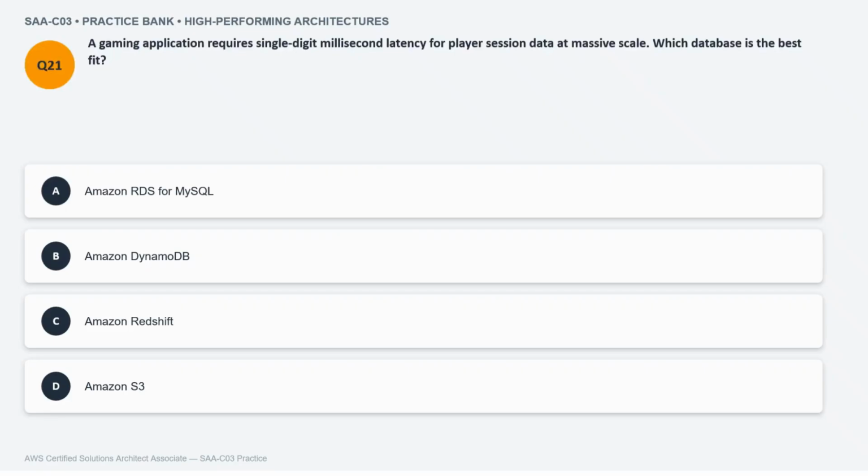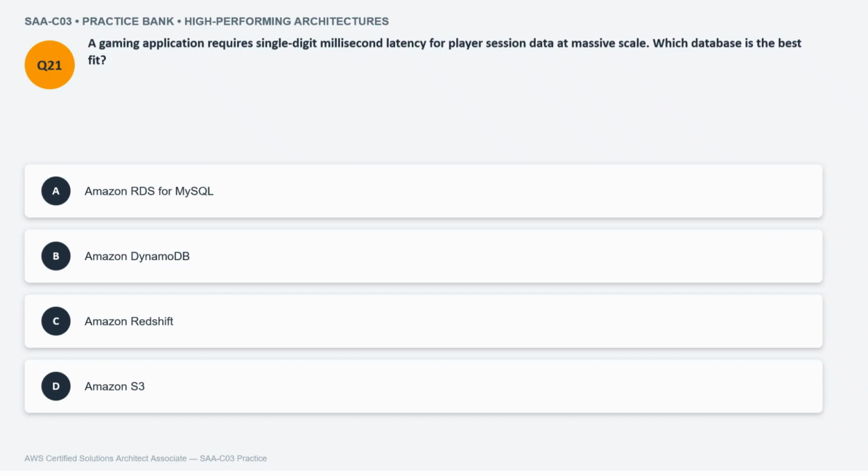Question number 21. A gaming application requires a single digit millisecond latency for the player session data at massive scale. Which database is the best fit? Amazon RDS for MySQL, Amazon DynamoDB, Amazon Redshift, or Amazon S3.